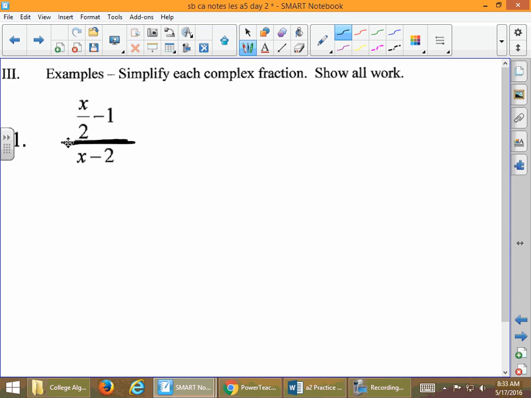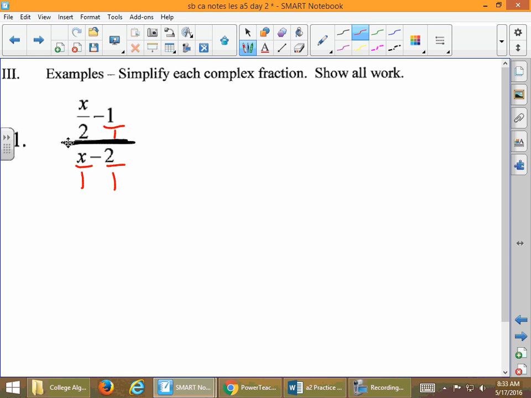There are actually 4 parts to this complex fraction. It's complex because x divided by 2 is a fraction within a fraction. But the rest of it is 1 over 1, x over 1, and then minus 2 over 1. We don't really need to write those values.